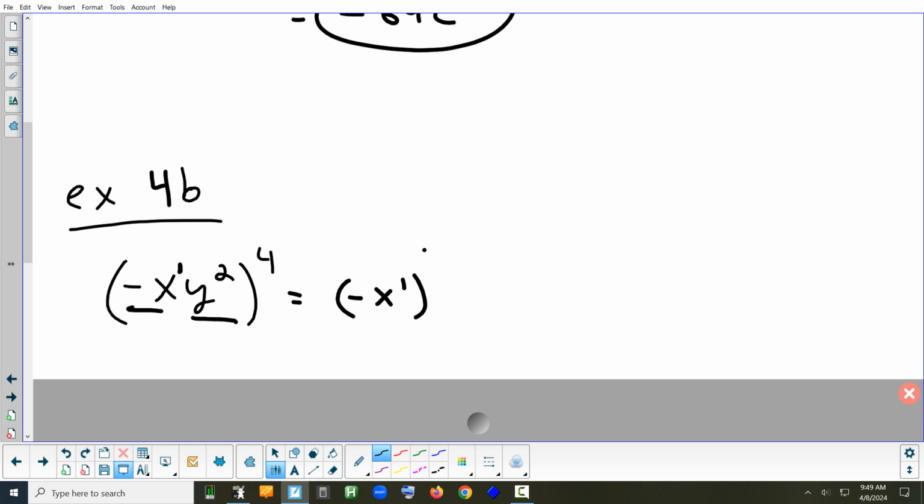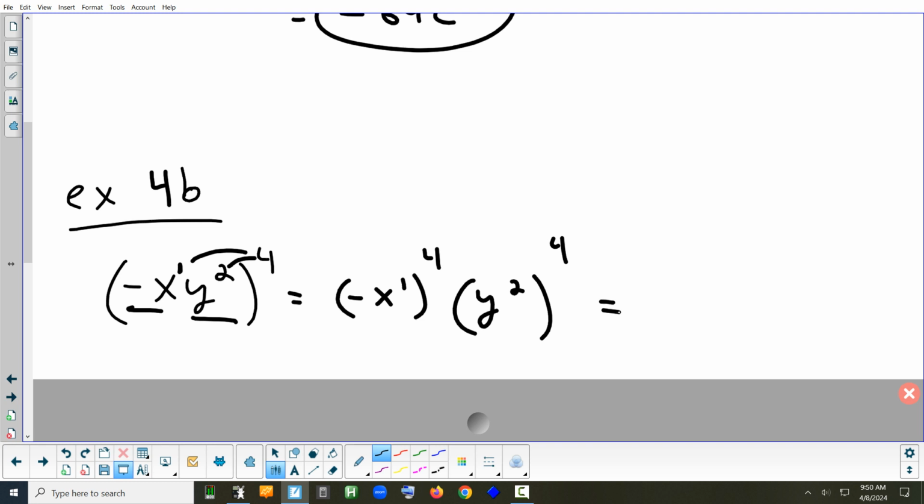Yep, to the 4th power. What's the other factor that's inside the parentheses? Y to the power of 2. And we're going to raise that to what power? 4. Yeah. It's like you're distributing that 4 to each one of those.